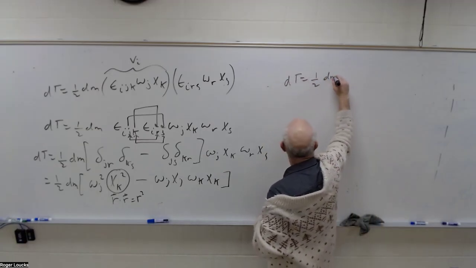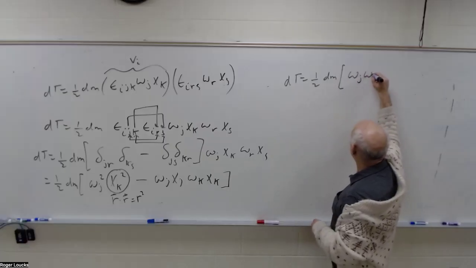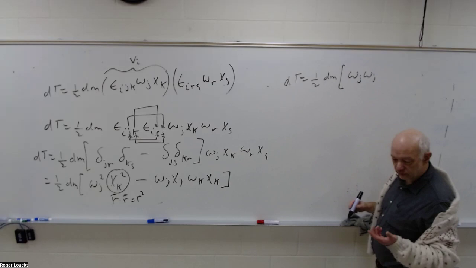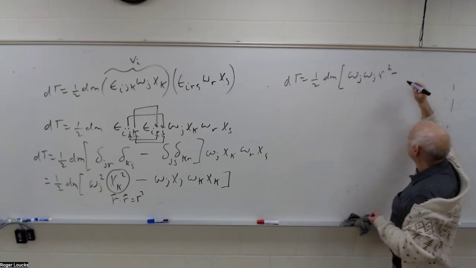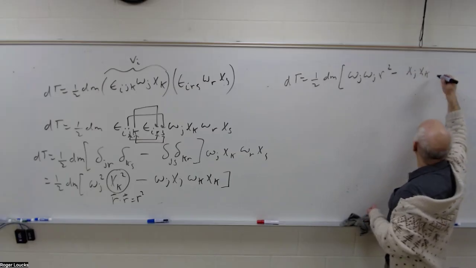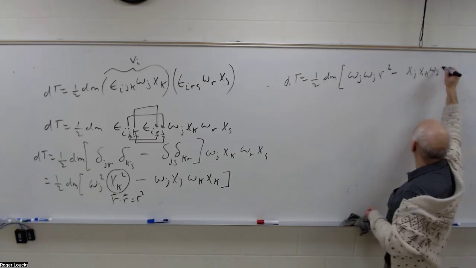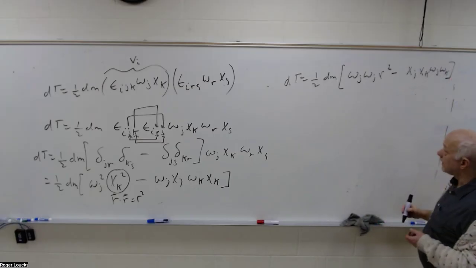So this is one half dm, omega j. I'm going to write it as omega j just because I know where I want this to go. Minus, square equals, I'm going to write this as an xj, xk. Uh-oh, getting close to omega j, omega k. Like that. That makes sense.